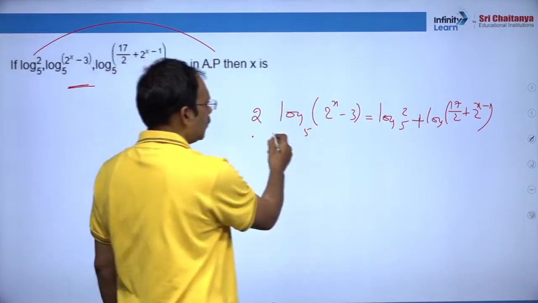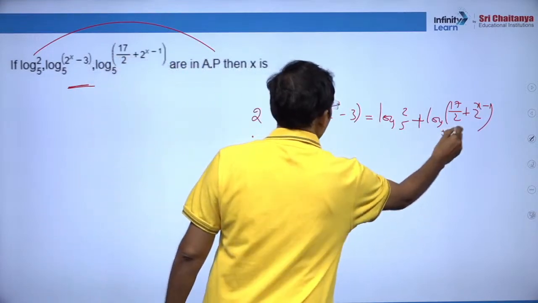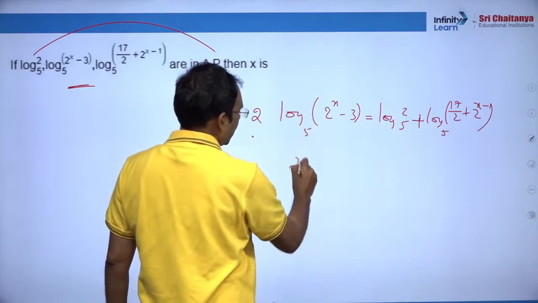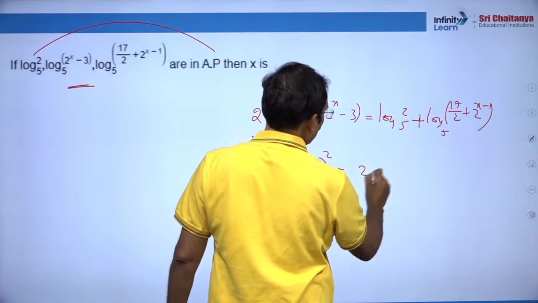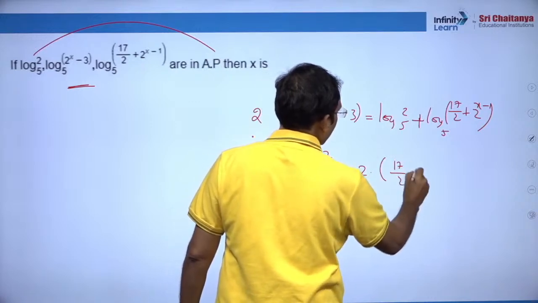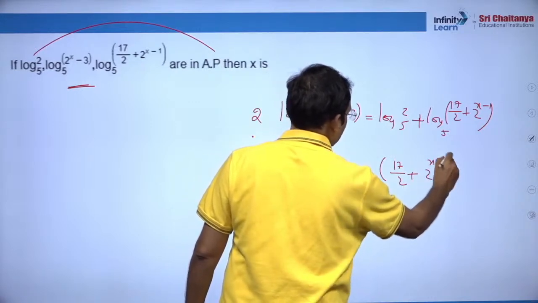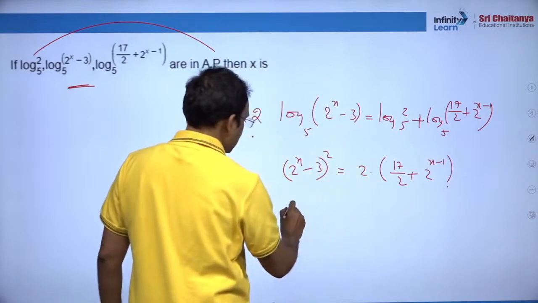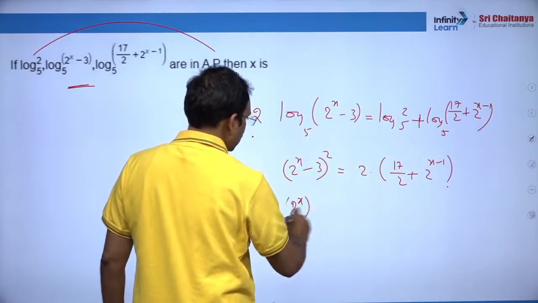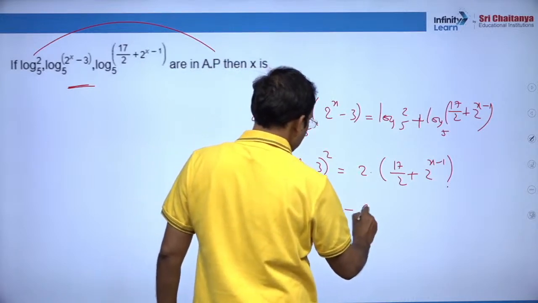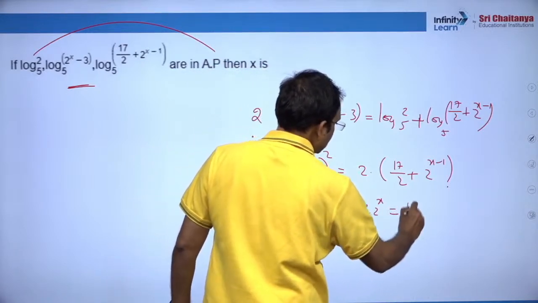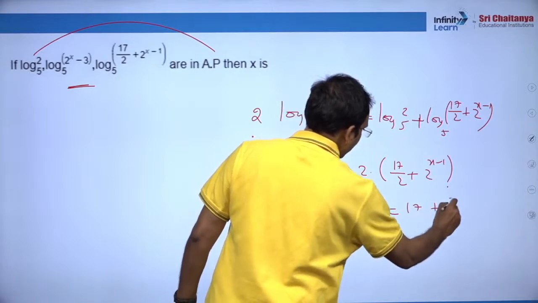Now, what you can do is, this is also of base 5, so you can write 2 power x minus 3 whole square is equal to 2 into 17 by 2 plus 2 power x minus 1. So, which is, friends, 2 power x whole square plus 9 minus 6 into 2 power x is equal to 17 plus 2 power x.